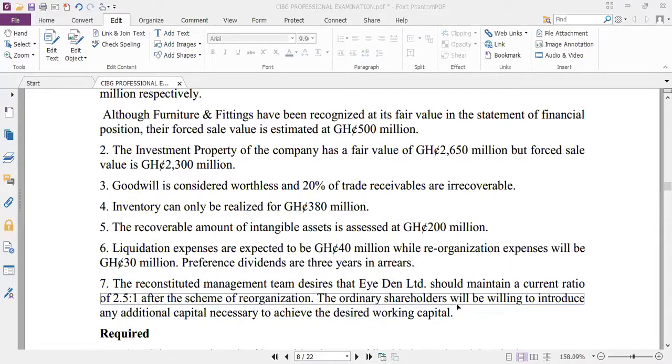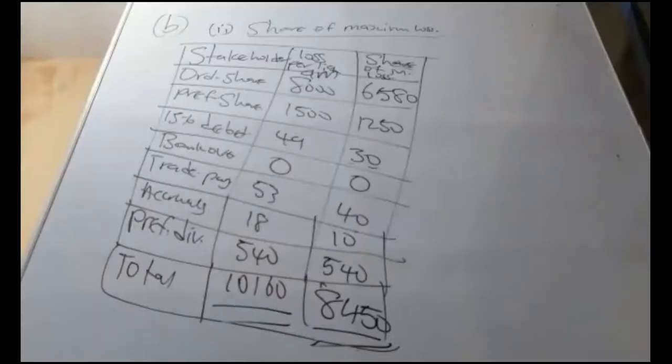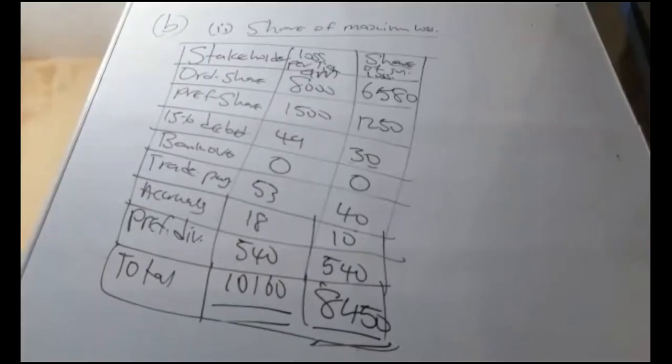However, the ordinary shareholders will be willing to introduce any additional capital necessary to achieve the desired working capital. Good. So that is it. So resource requirement.